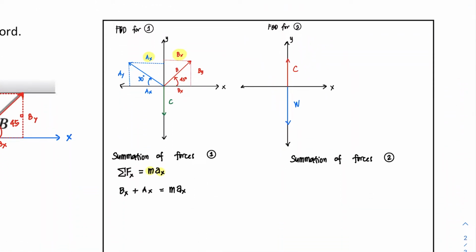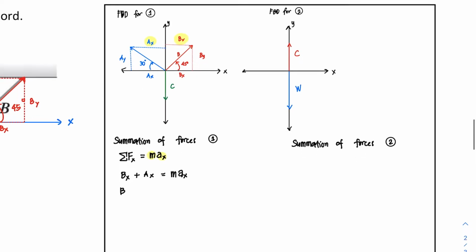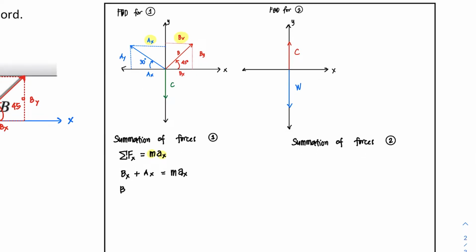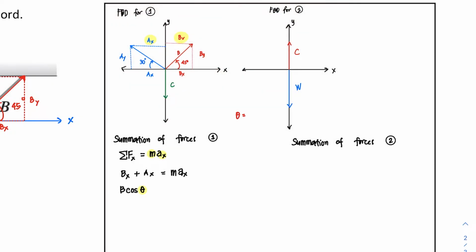So that's what I'm going to do here. For my Bx, I'm going to write the magnitude of force B, and since this is the x component, that is the cosine of theta. But I have to note that theta must be measured in SPA. And for the other, A sub x, that will just be A cosine of theta, and theta will still be SPA, equal to m a sub x.